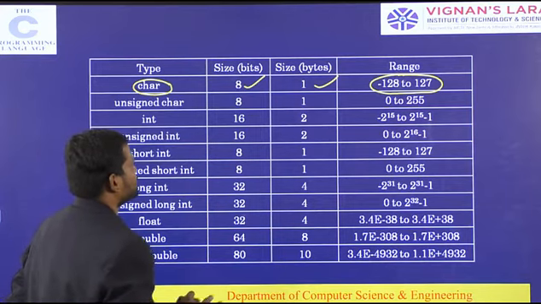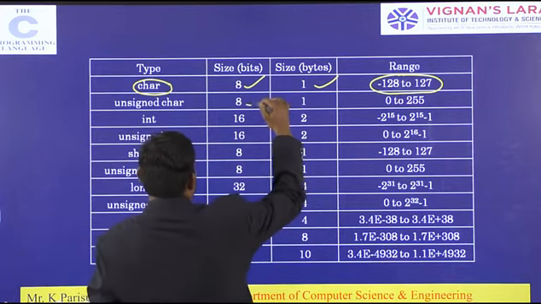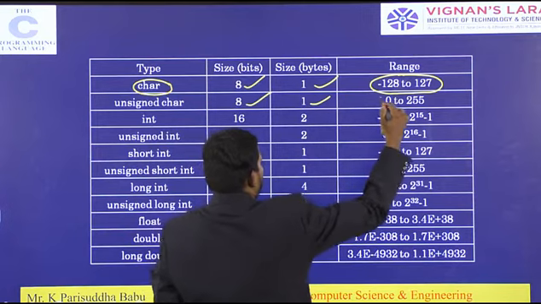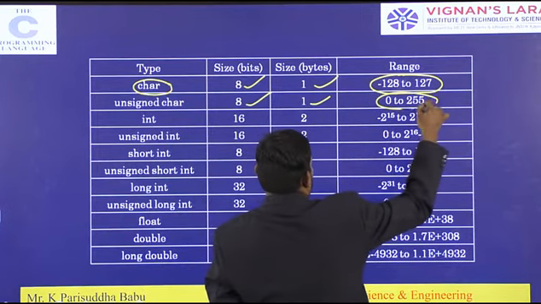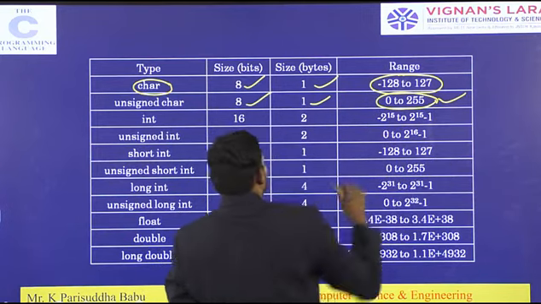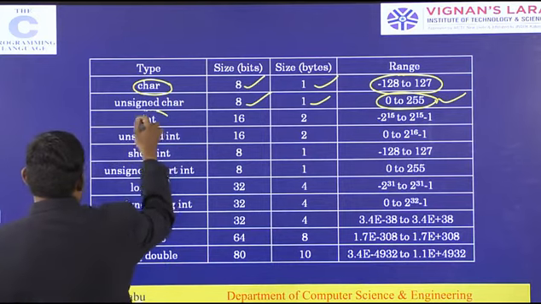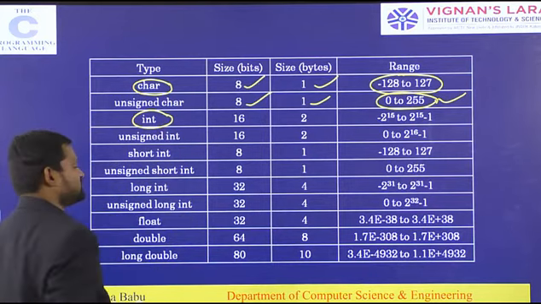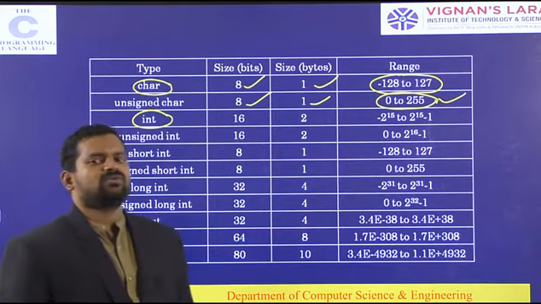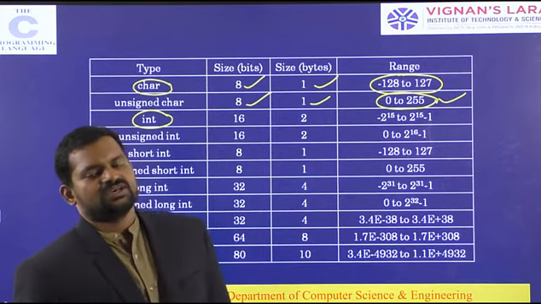Unsigned character also saves 8 bits, 1 byte, with a range of 0 to 255. After that, integer is 16 bits, whose sizes depend only on the compiler.